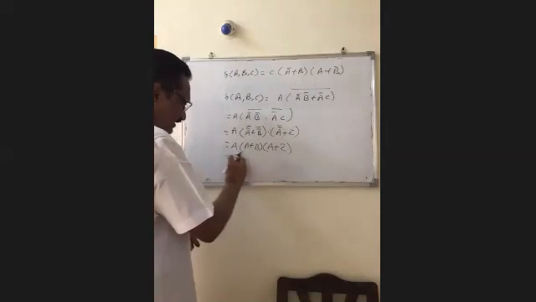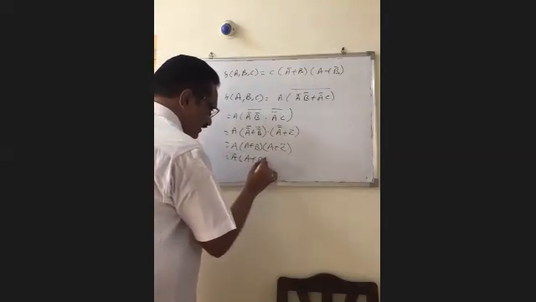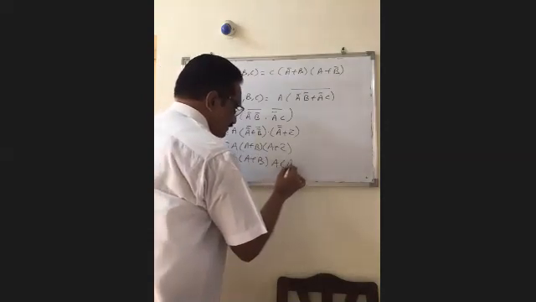for your convenience, write it as A into A plus B, multiplied by A into A plus C bar.